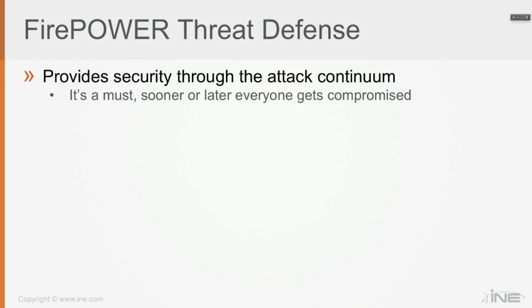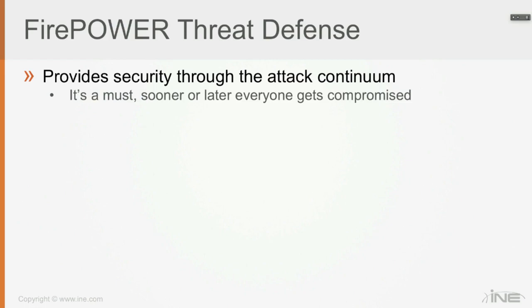So when Cisco acquired SourceFire, they clearly had their vision of protecting the customer, which basically means that it provides security through the attack continuum. Because as I was saying before, we have to accept the fact that sooner or later everyone gets compromised, gets hacked, gets attacked.